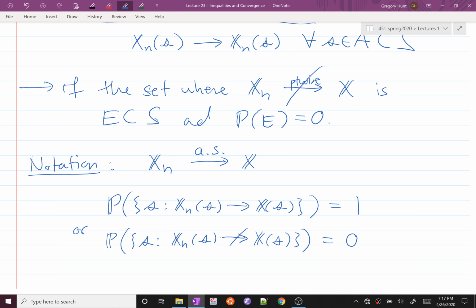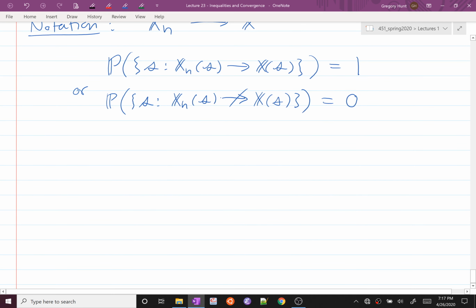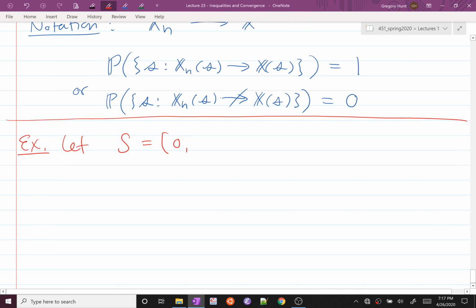Okay, so let's look at an example of almost sure convergence. We're going to work with a sample space S that is just the closed set 0 to 1, and we're going to say with uniform density.